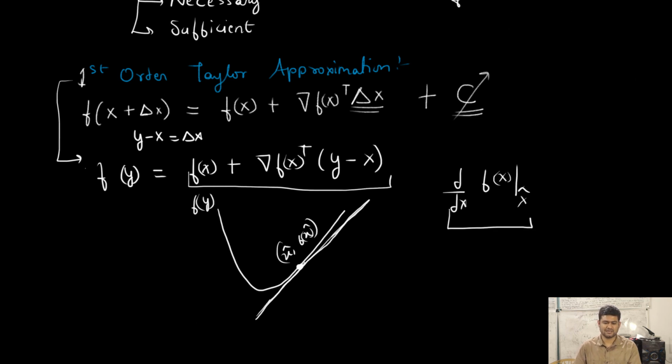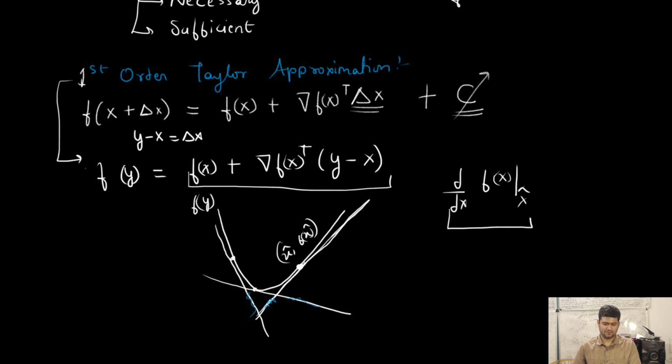So what it means is that the first order Taylor approximation of the function f is a global underestimator over the entire domain. If you select any point x in the domain of f, for example this point, as you can see, the first order approximation of the function is always below the function f of y.